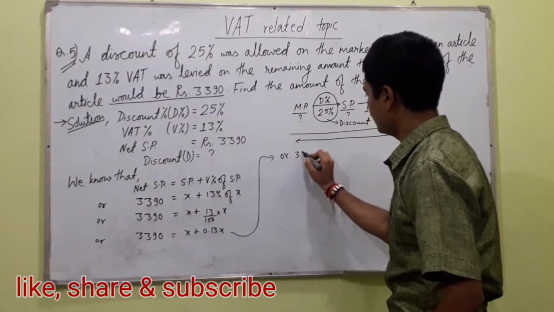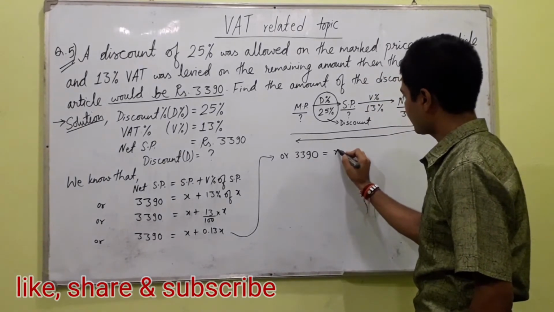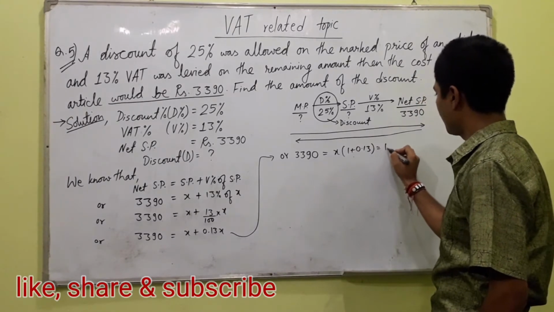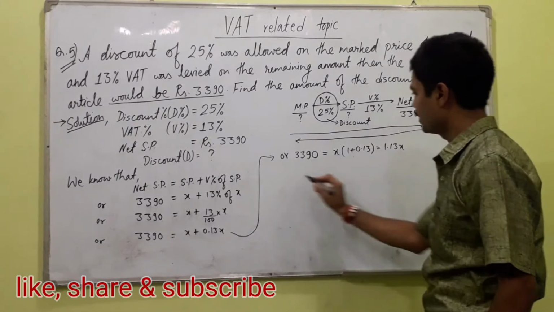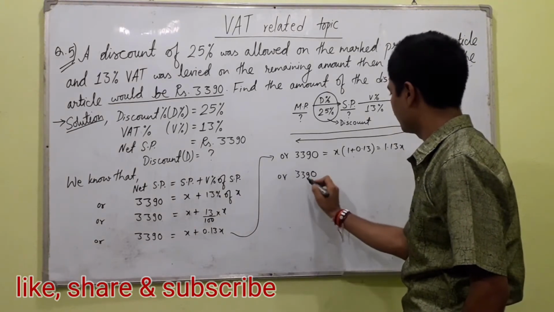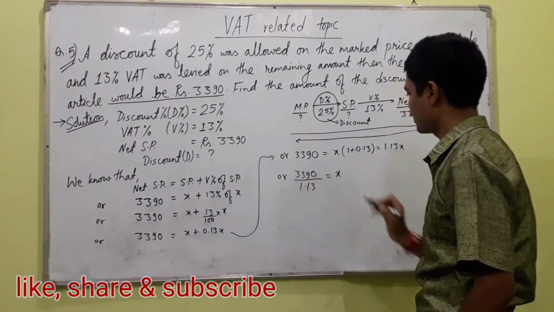Or 3390 is equal to x common, 1 plus 0.13, you will get 1.13x, or 3390 divided by 1.13 is equal to x.